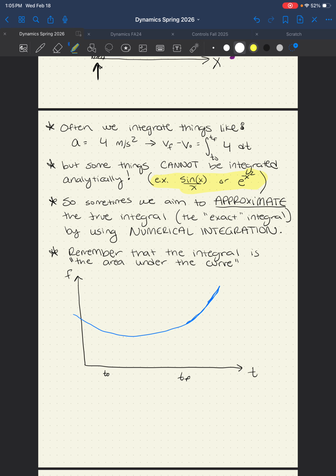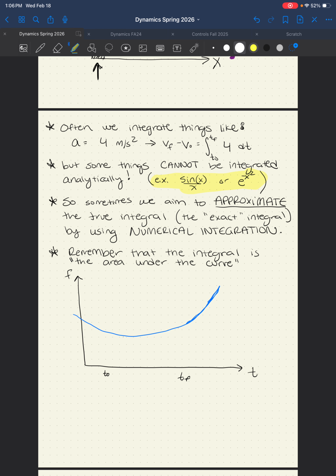Okay, so even though an analytical solution is not available, we sometimes aim to approximate the true integral, which would be our analytical solution. In fact, another way that some people refer to the analytical solution is the exact solution. So one way that we approximate the exact solution is by using numerical integration.